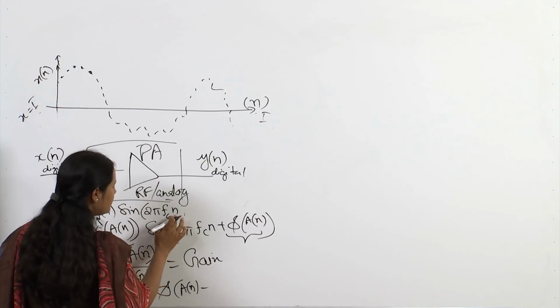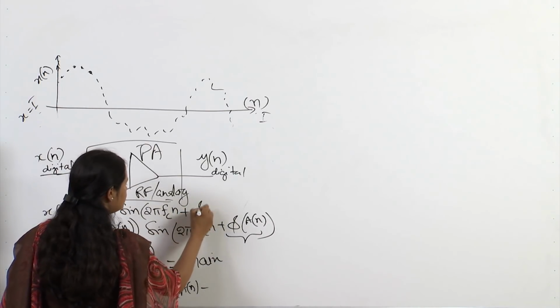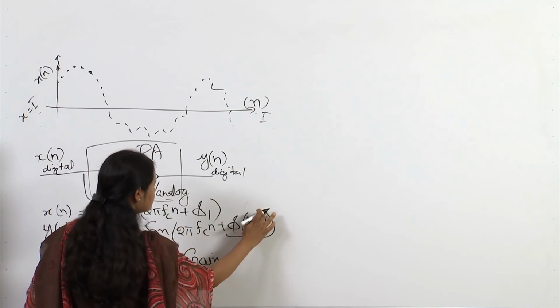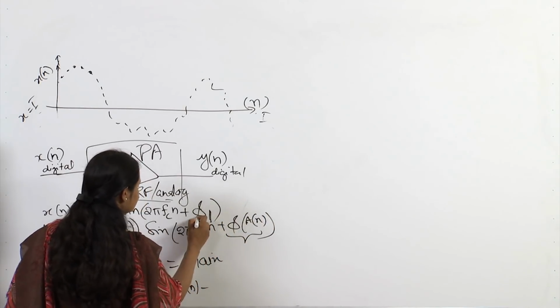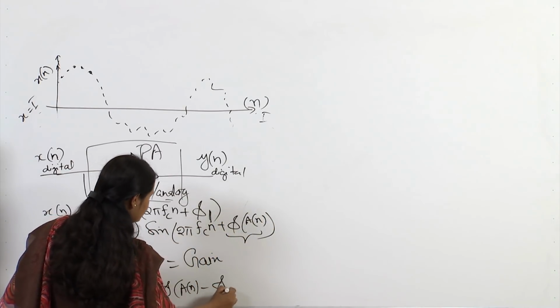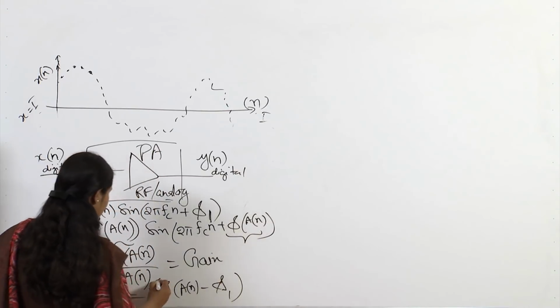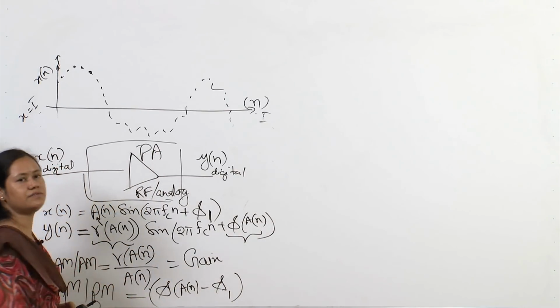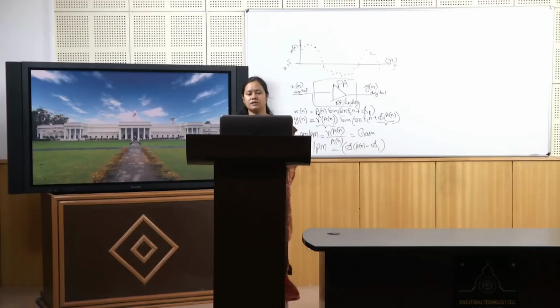For example, we would have an initial phase like this, then we say this is the AM/PM, and we plot it with respect to the input power, that is, the amplitude of the input signal.